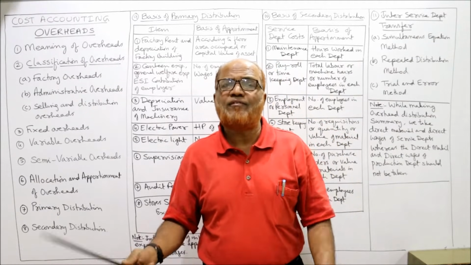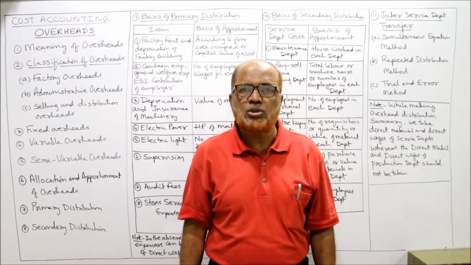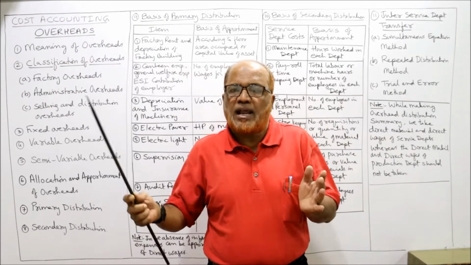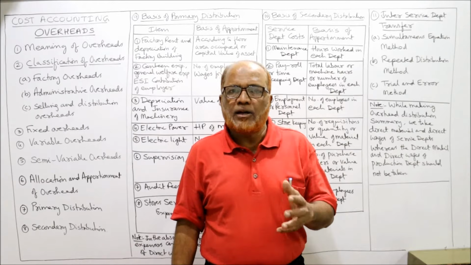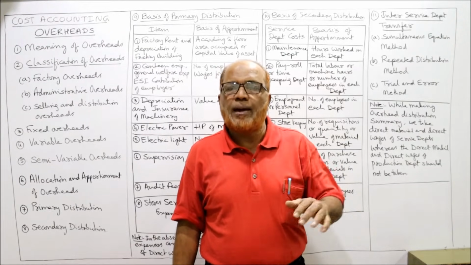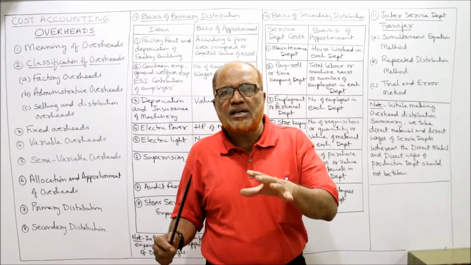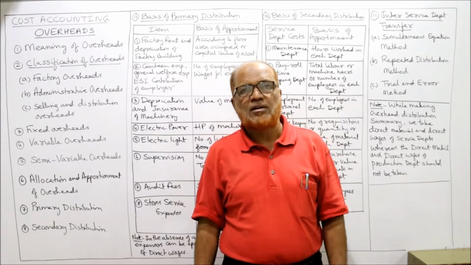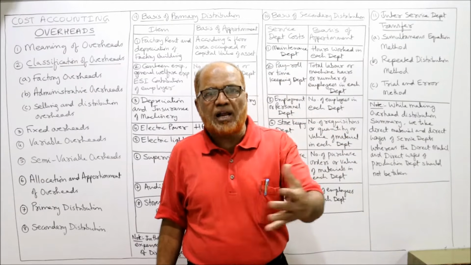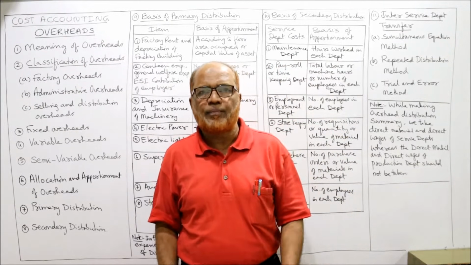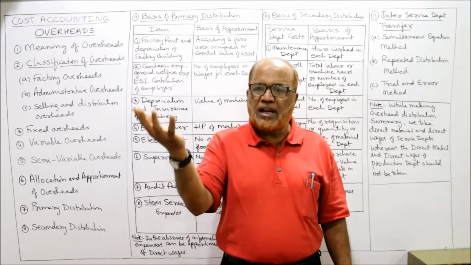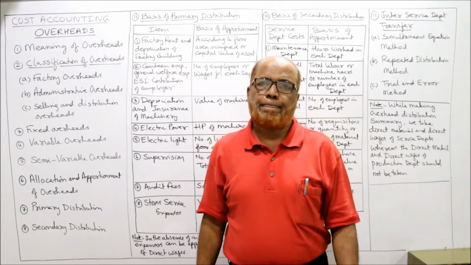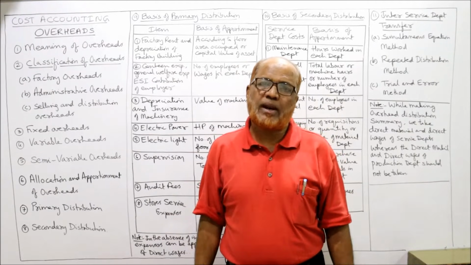Example, the rent of the factory where this sofa set is being produced, electricity bill of the factory, depreciation of the machinery, employees welfare expenditure, all these are the expenditure which are incurred in the factory but not directly related to producing the sofa set. अब ये एक्सपेंडिचर जो इनकर कर रहे हैं ये सारे प्रोडक्ट के लिए इनकर कर रहे हैं, खाली सोफा सेट के लिए इनकर नहीं कर रहे हैं। अब क्वेश्चन ये अराइज होता, ये अदर एक्सपेंडिचर जो इनडायरेक्ट एक्सपेंडिचर इसको कैसा अब्सॉर्ब करेंगे सोफा सेट में, कितना सोफा सेट में चार्ज करेंगे। This is the main contention of this topic, overheads.